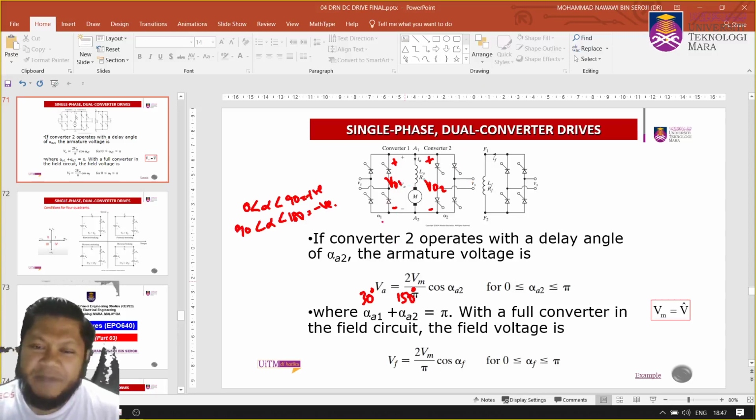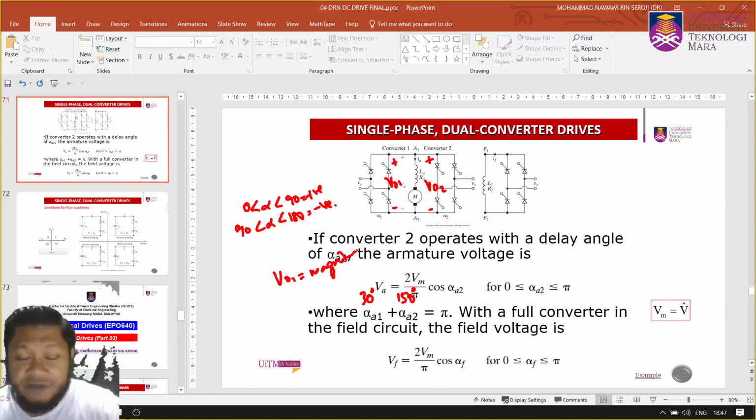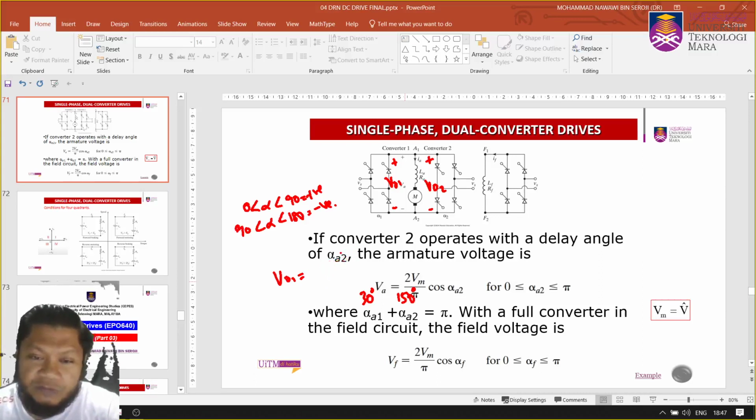So therefore, what does it mean? If you look at the magnitude during 30 degrees and 150 degrees, alpha 1 and alpha 2 firing angles here, the average voltage of V out 1 will be equal to V out 2.